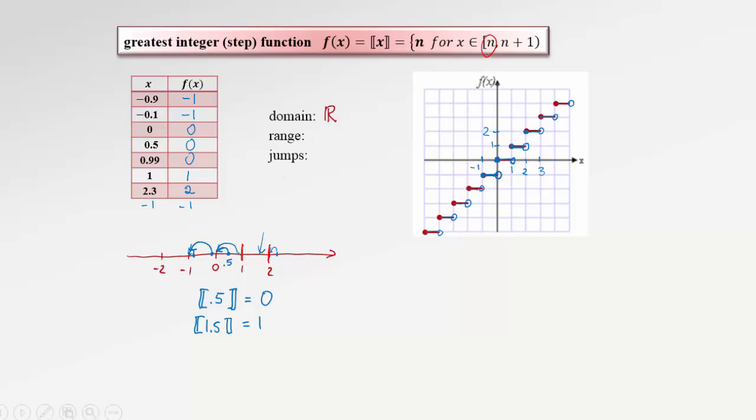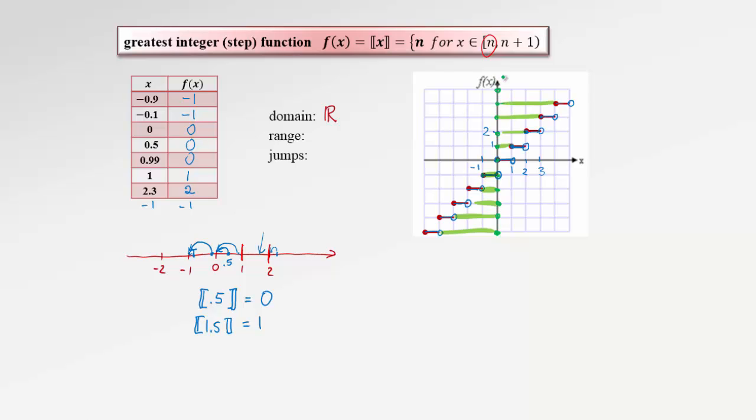What about the range? Each segment will cover only one point, the integer one. So this one is just 0. Every segment covers just one point on the y-axis. So that tells me that the range is composed not of segments, but of the set of all integers.